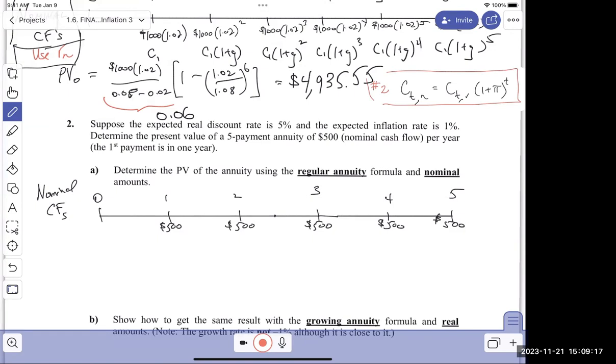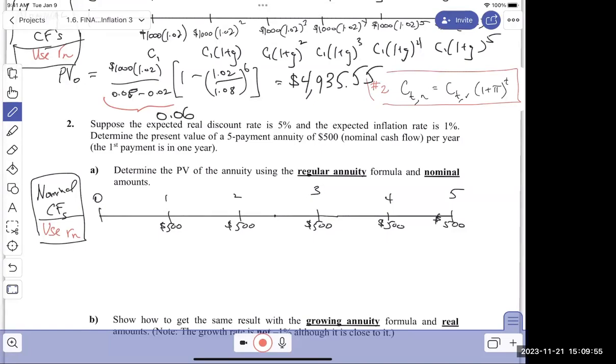So with nominal cash flows, you need to use the nominal rate. So what's the nominal rate?